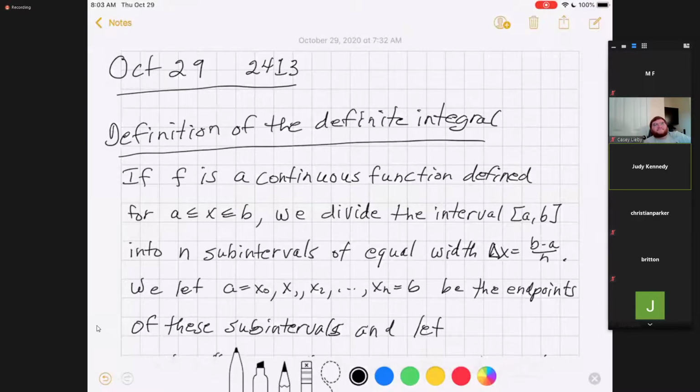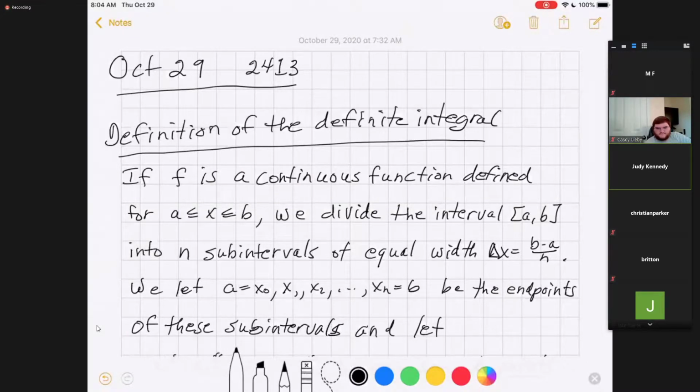All right, so we divide the interval from a to b into n subintervals. Okay, this is the partition of equal width. So the length of each subinterval is delta x equal to b minus a over n. You enumerate the endpoints.